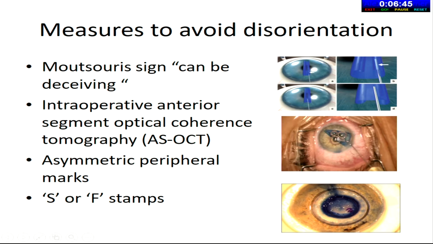You can see on this diagram that if you put your cannula inside the scroll, then the silvery cannula becomes blue. Whereas if you're above the graft, then it still appears silver. However, this can fool you, so I can show you in a moment how this can give you a false Moutsouris sign.